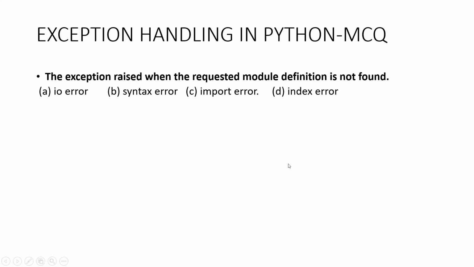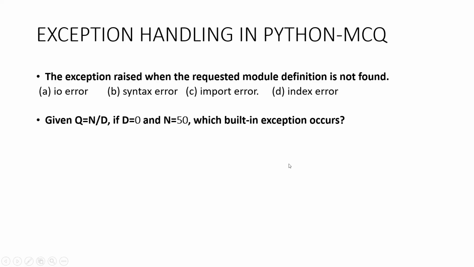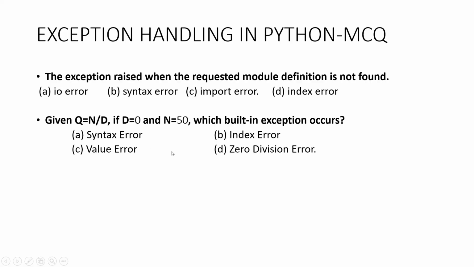You know the answer, that is import error. Now, given Q is equal to N divided by D, a statement where D is equal to 0 and variable N value is 50, which built-in exception occurs? 50 divided by 0 is which kind of error? It is a zero division error.